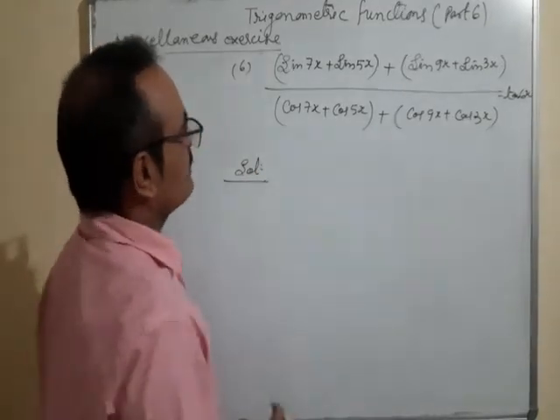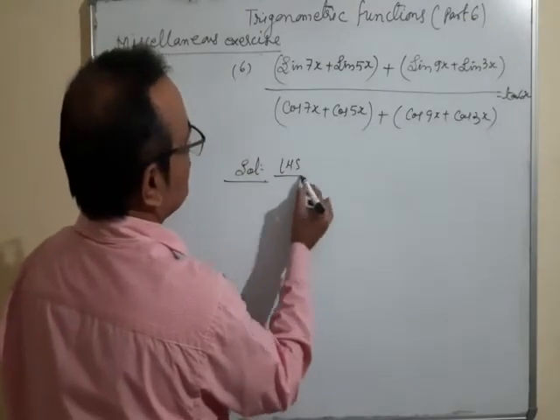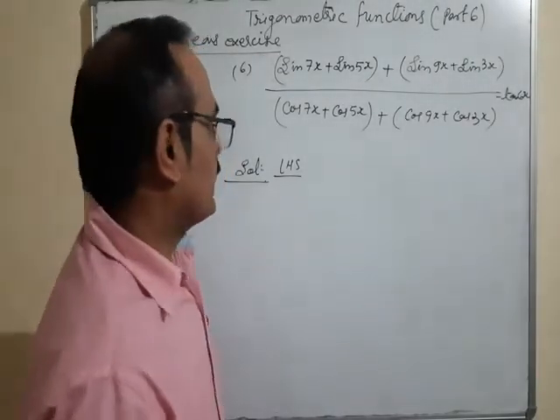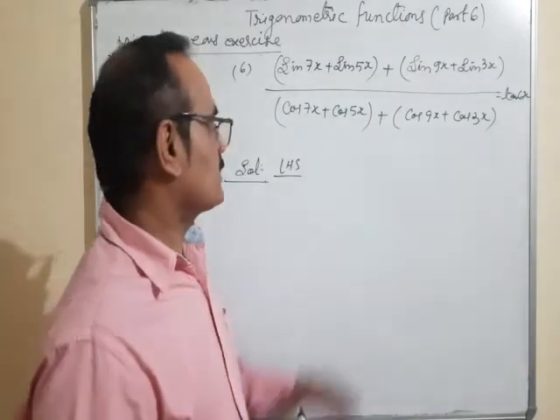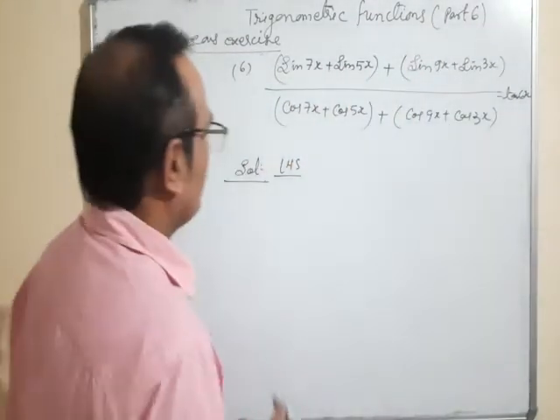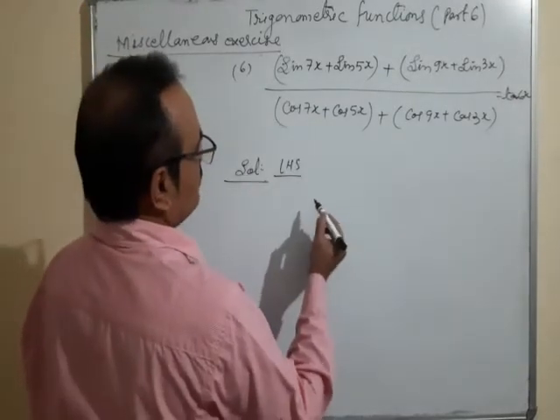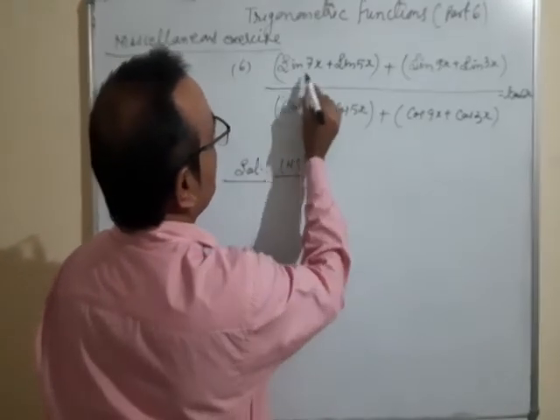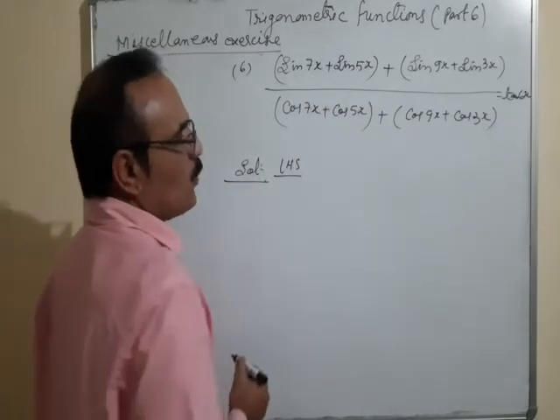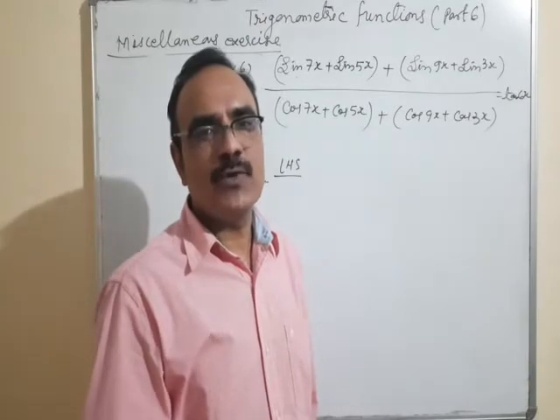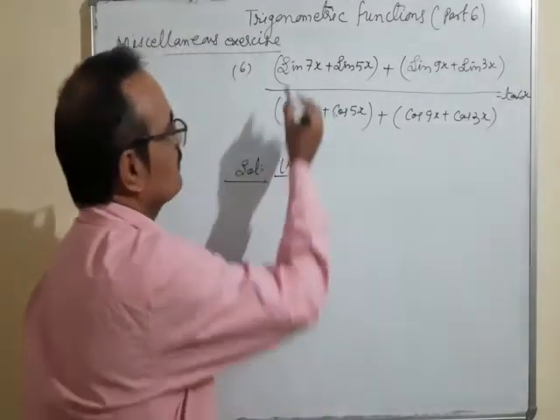Taking the left hand side term, LHS. Generally we write which term we are taking, so write LHS here. In LHS you can use the direct formulae: sin C plus sin D, cos C plus cos D. I am taking first sin 7x plus sin 5x. The formula for sin C plus sin D is 2 sin (C plus D) by 2 into cos (C minus D) by 2.